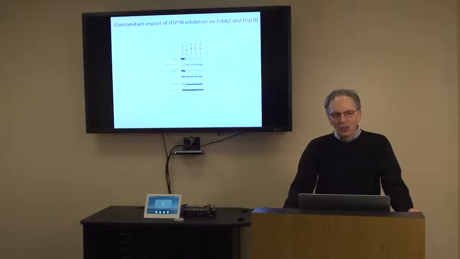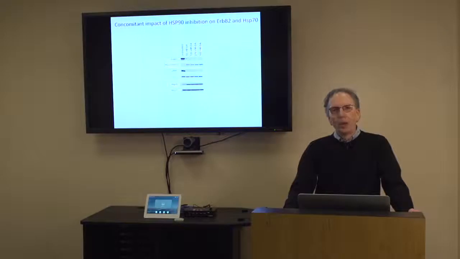And as you can see, as soon as there's an effect on the client ERBB2, there's an upregulation of HSP70 protein expression. Another HSP90 dependent client, phospho or activated AKT, is similarly affected at an equivalent dose that induces HSP70.